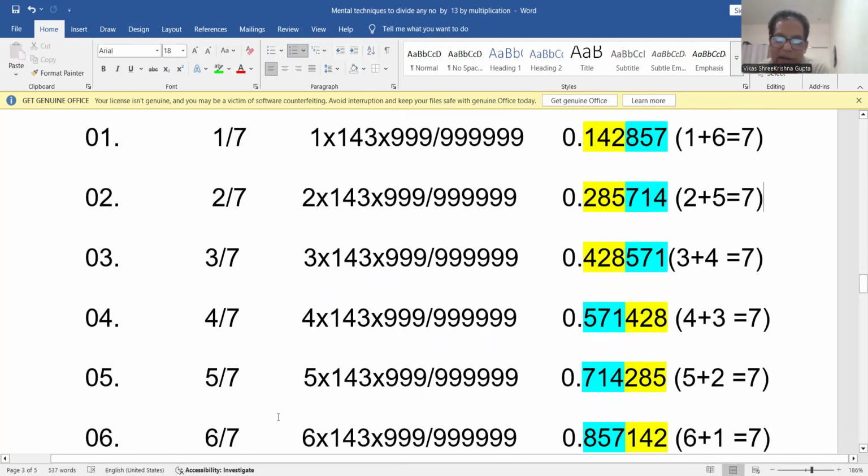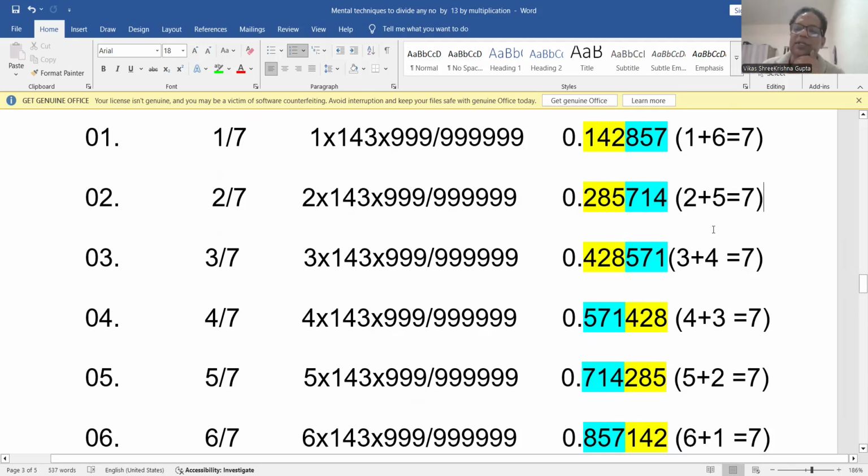For 5 by 7, just reverse the numbers of 2 by 7 because 2 plus 5 is 7. To find the answer of 4 by 7, just reverse the numbers of 3 by 7 because 3 plus 4 is 7. This is one way of finding the answer, reversing the numbers, because as I told you, these are very peculiar, amazing things which you can find in this division.